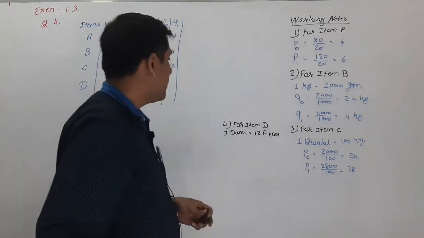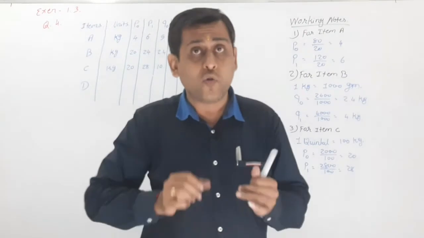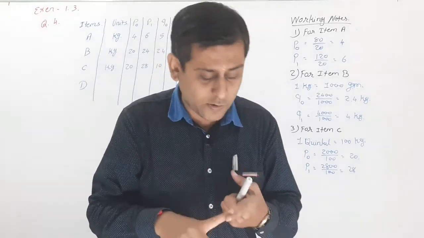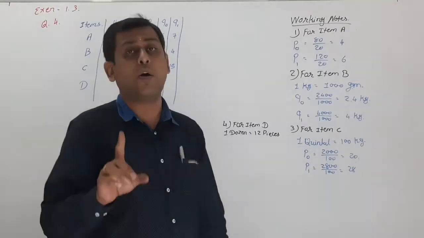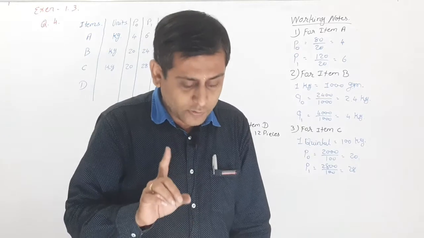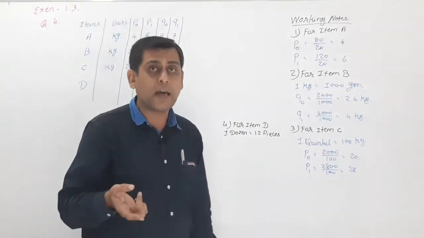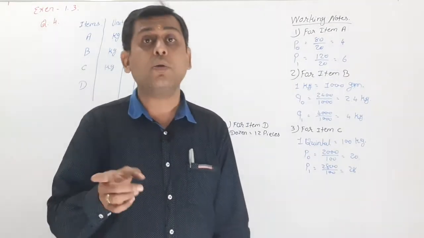Right? Okay. Now see, the price and the quantity, whichever is a multiple of 12, which we can divide by 12, we can convert that amount only. 48 and 72 are both multiples of 12, that's why we can convert those into pieces.